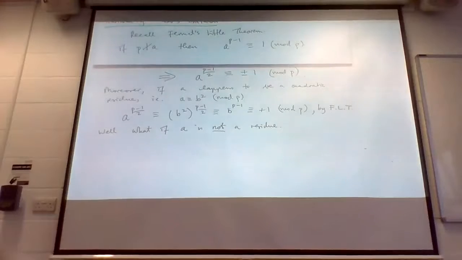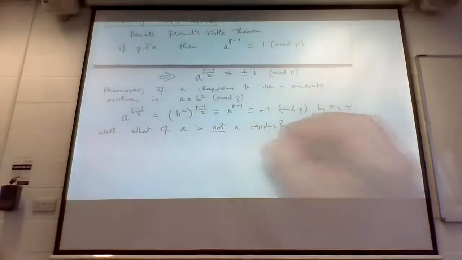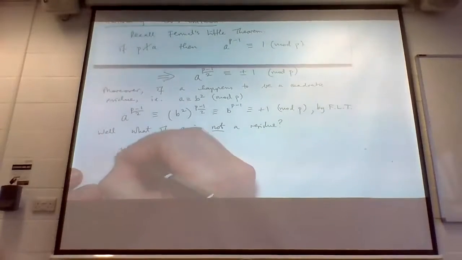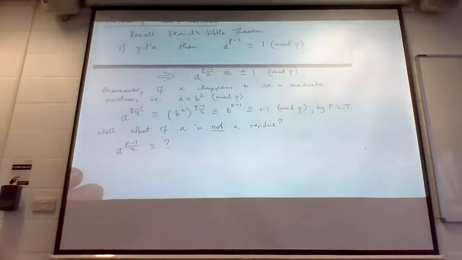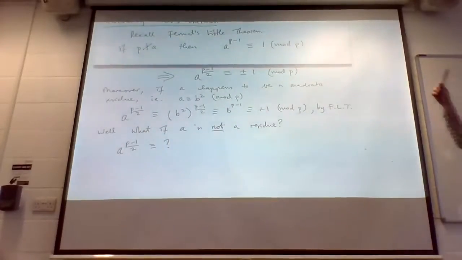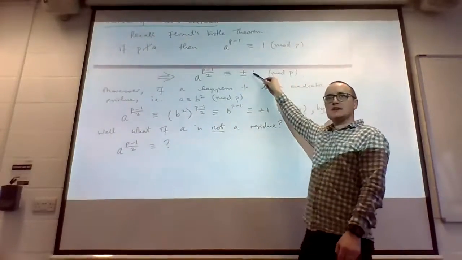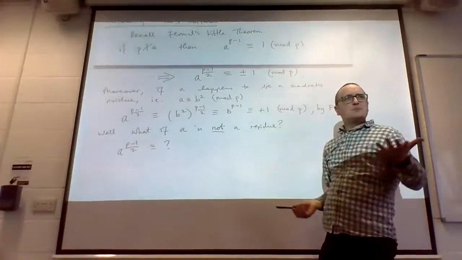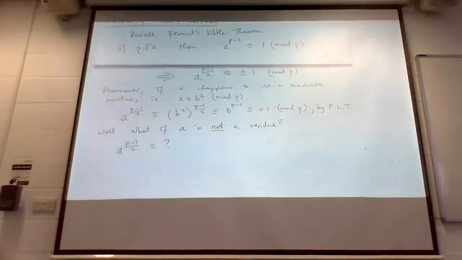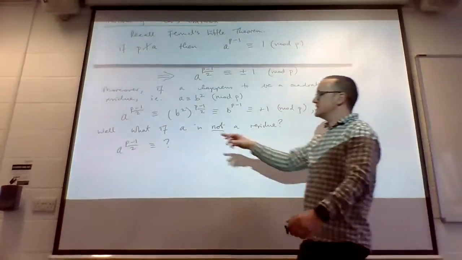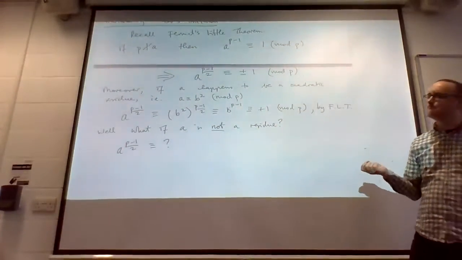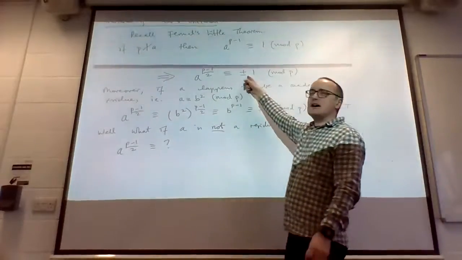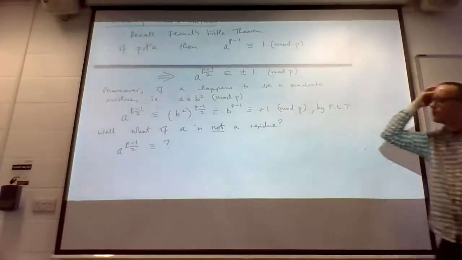If it's a non-residue, a to the power of (p minus 1) over 2 is congruent to what mod p? Well, it must be plus or minus 1, we've already decided. So could it be plus 1? This is the tough question. Could this still be plus 1 if a was not a quadratic residue, or would it have to be minus 1?